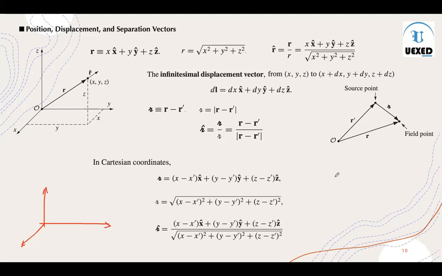So if you have 1 dimension, some axis, let's suppose this is my x-axis, and this is your origin. And somebody starts moving from the origin and goes up to some point, let's suppose A.